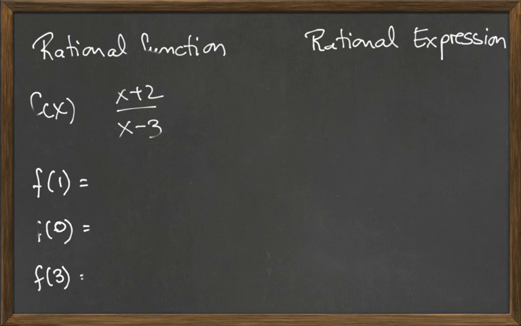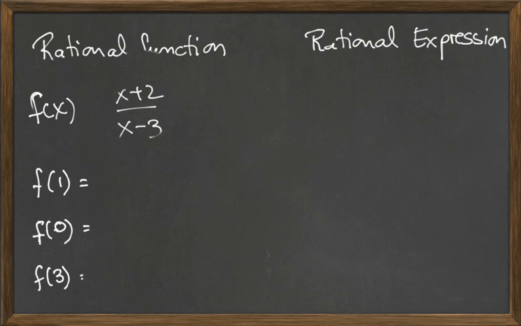So here's one from the book. Here's a rational function. F of x is x plus 2 over x minus 3. I want you to find f of 1, f of 0, and f of 3. Again, we have done this in chapter 3, when we briefly talked about functions. So if I ask you to find f of 1, what does that mean?